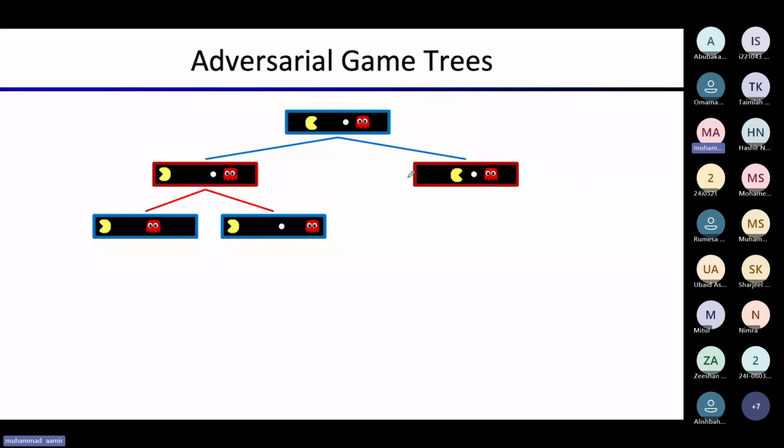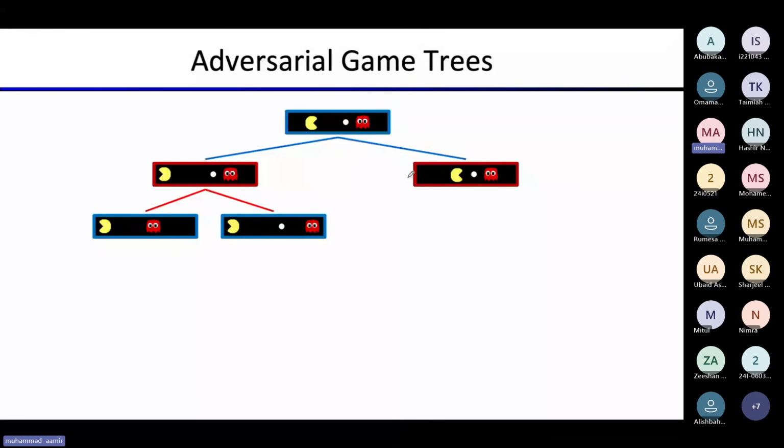Otherwise it is not a good game. It is not a fair competition for both players. For example, if you are playing a competitive game with another player and you say, I will take two moves, you will take one move, this is not fair. The grounds of the game will be similar for both players.